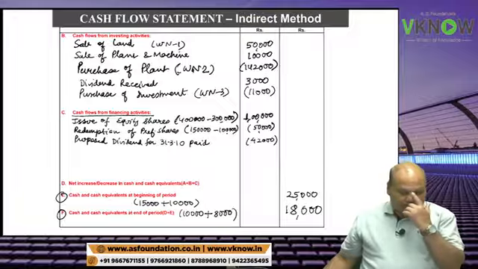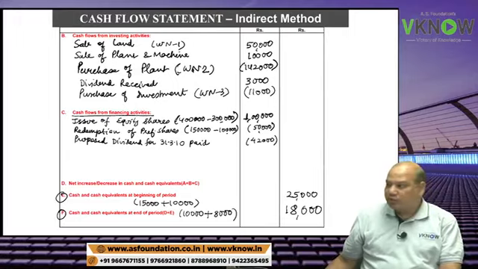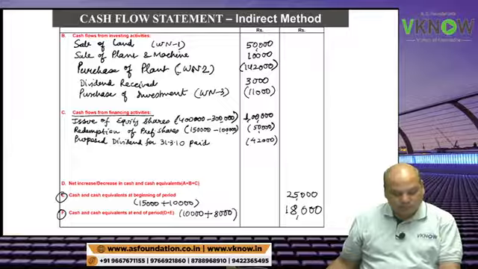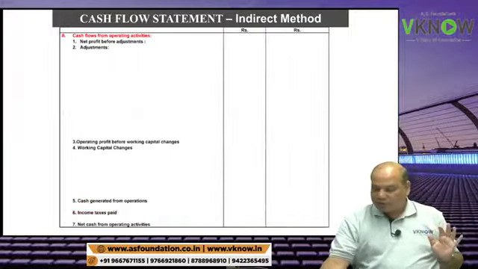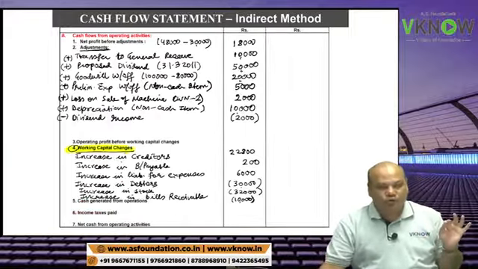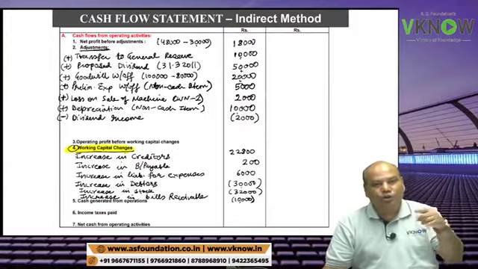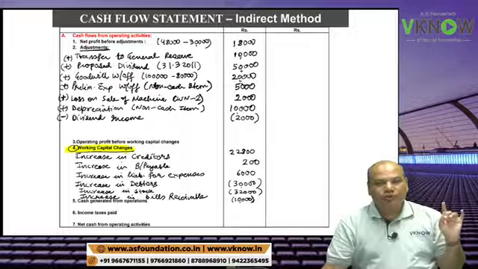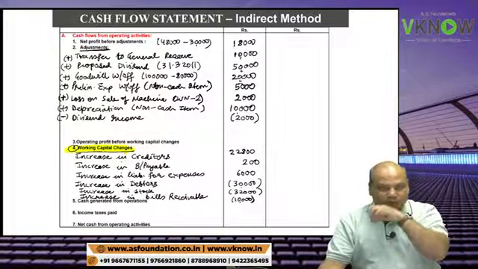Adjustment number 4 in your book. An interim dividend of 20,000 and tax on interim dividend at 10% was paid in 2010-11. Interim dividend is different from proposed dividend. Interim dividend is declared and paid during the year. Proposed dividend is proposed at the end of the year and paid in the subsequent year.